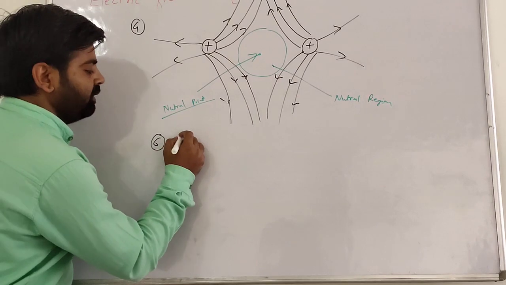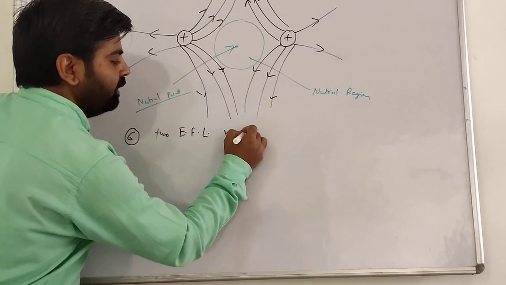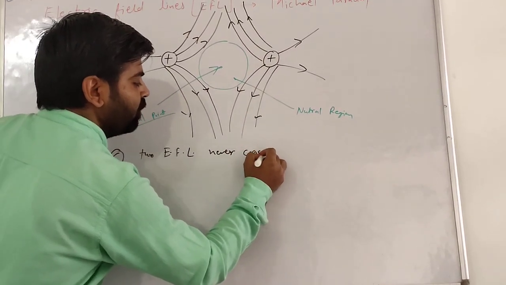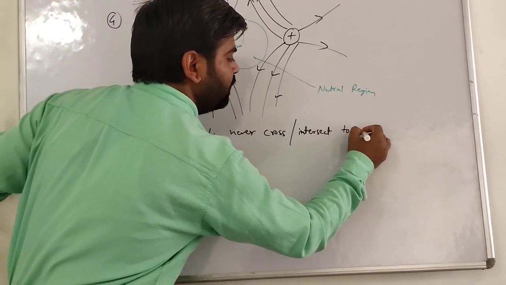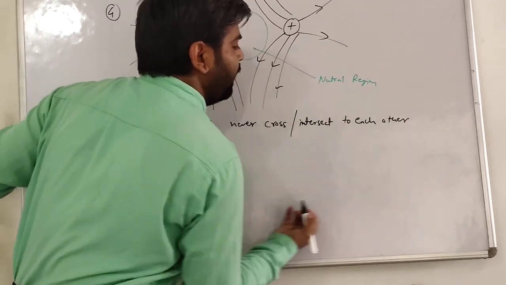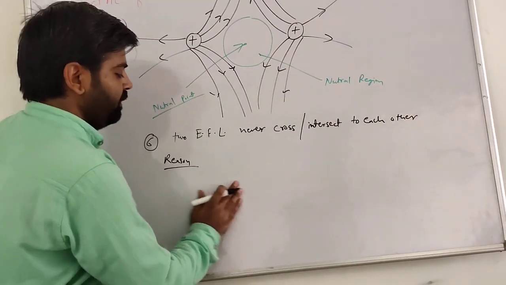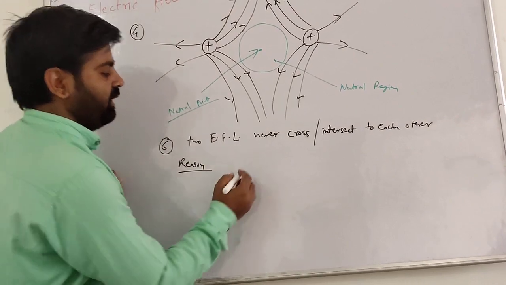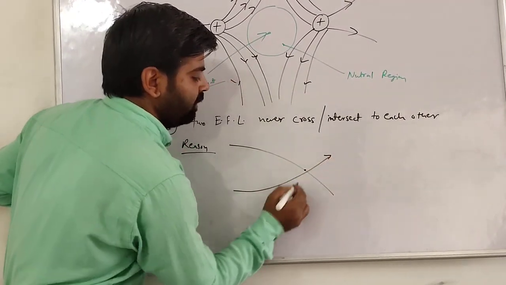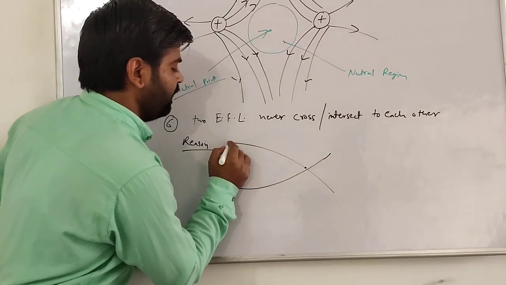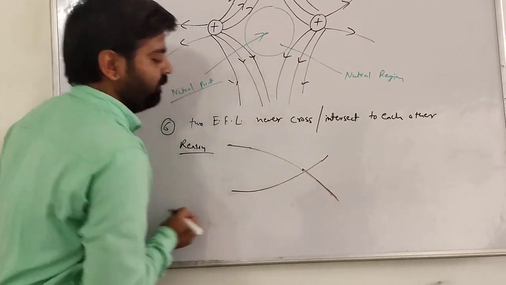So the next property is two electric field lines never cross or intersect each other, and the reason is, if they cross each other, the condition looks like this. These are two electric field lines, one like that and another in such a way.